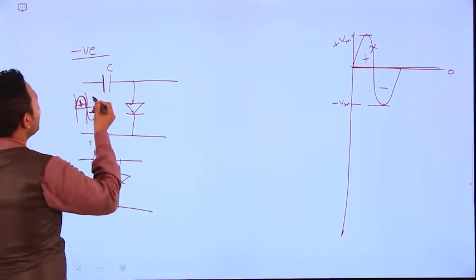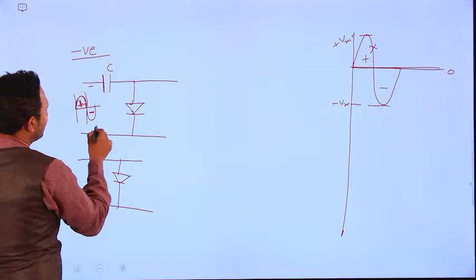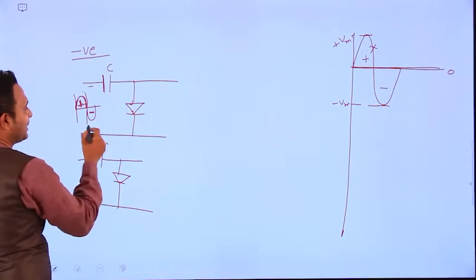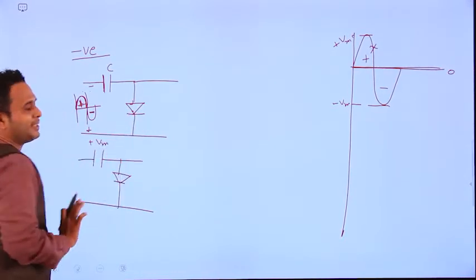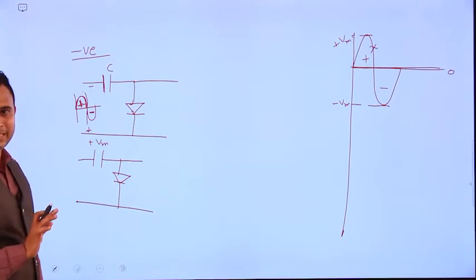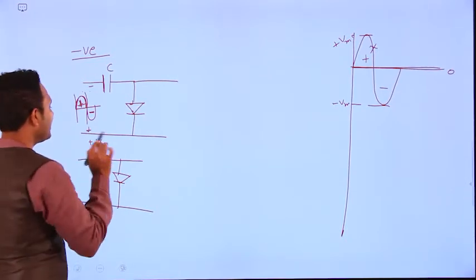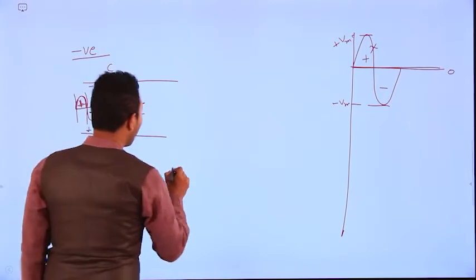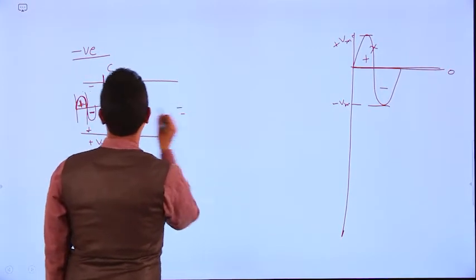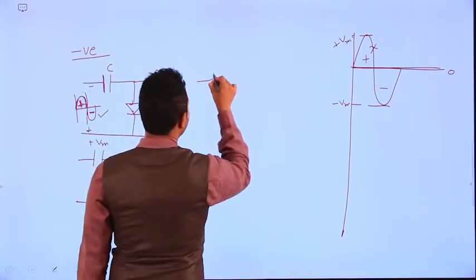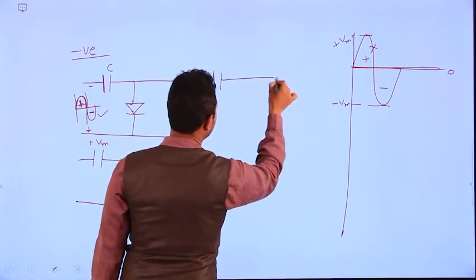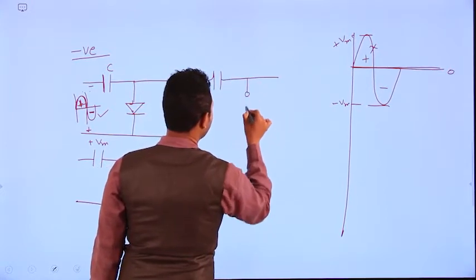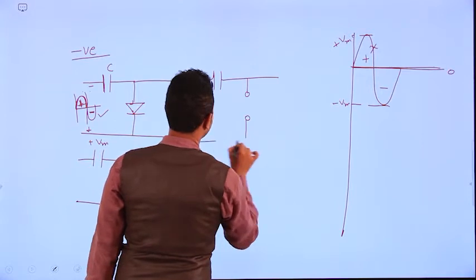For the negative peak, this side is negative and this one is positive, which is the reverse direction, so the diode is in reverse direction. I'm drawing the capacitor again. The diode is an open circuit.